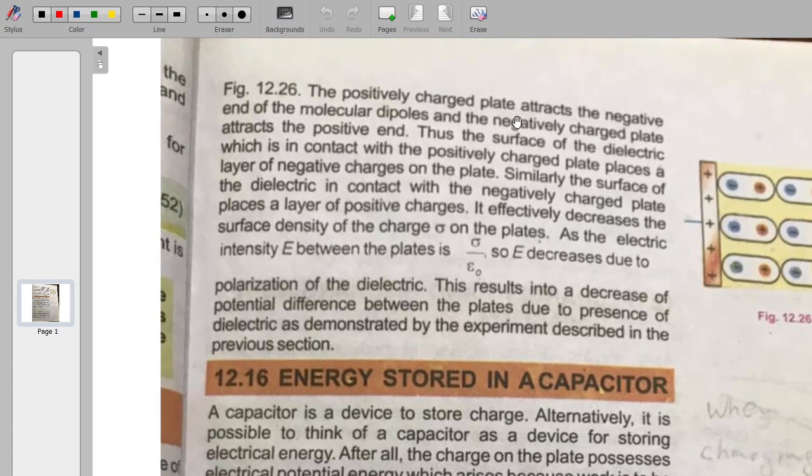So here we're saying the positively charged plate attracts the negative end of the molecular dipole. So it's basically explaining it on an atomic level कि क्या हो रहा होता है basically.